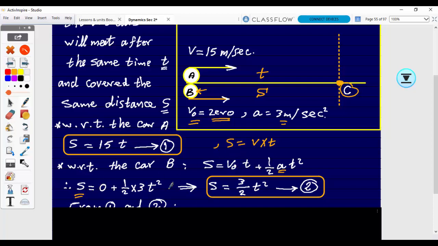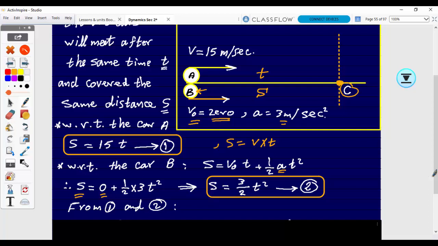So s equals 0 plus half multiply 3, it is the acceleration, t squared. So s equals 3 over 2 t squared, as 1 over 2 multiply 3 equals 3 over 2.